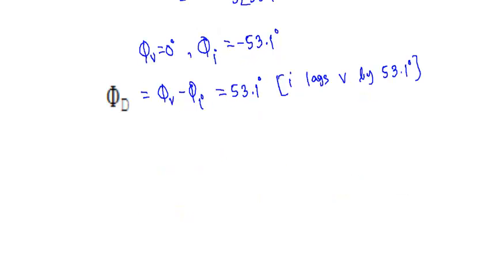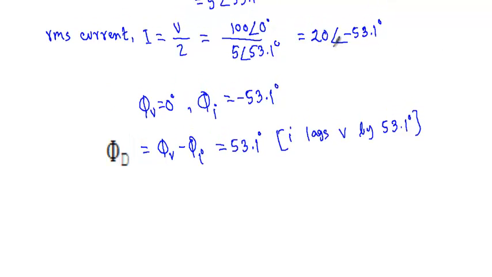Okay, we know the RMS value of current, which is equal to 20 ∠ -53.1 degrees. Now what will be the value of maximum current? We know that RMS current I is equal to maximum current divided by root 2, because this is a sinusoidal quantity. So I can easily calculate maximum current Im equal to root 2 into RMS value of current.